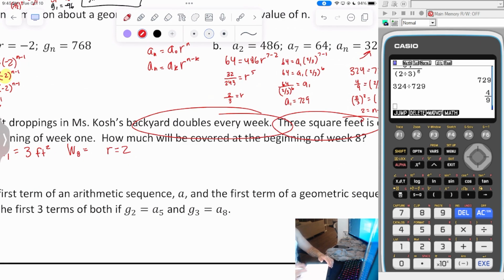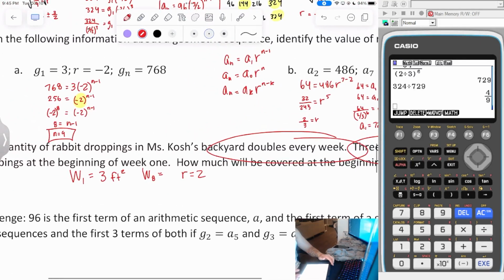Now I pretty much know every single piece of the first equation. So let's use it to solve for week 8. So W sub 8 is equal to 3 times R to the power of 8 minus 1. As long as I plug in the right-hand side into the calculator, I should be able to figure out how much droppings are in their backyard.